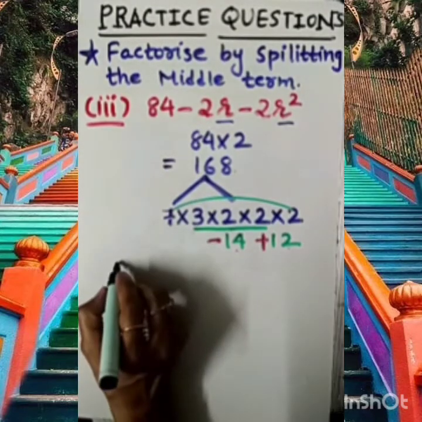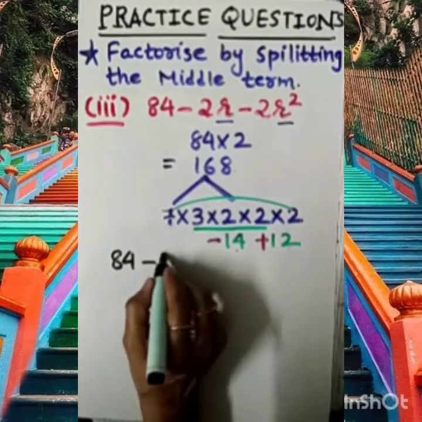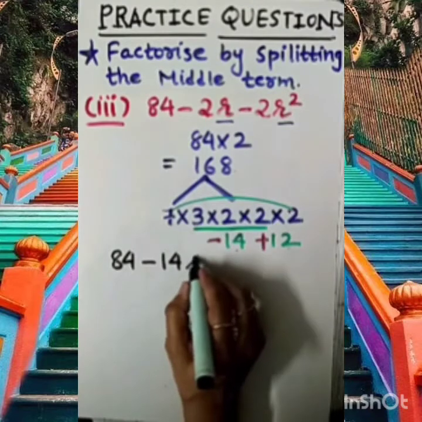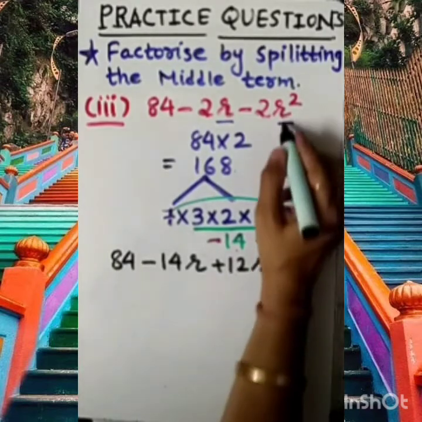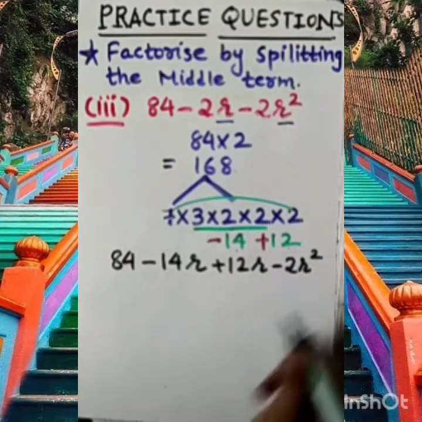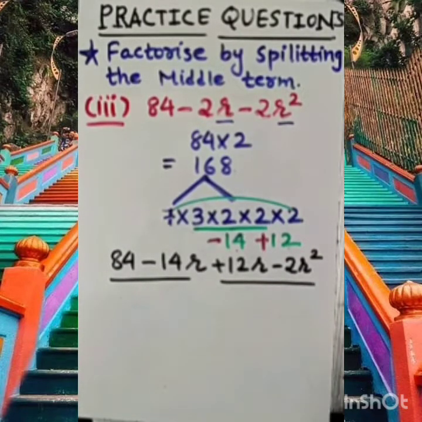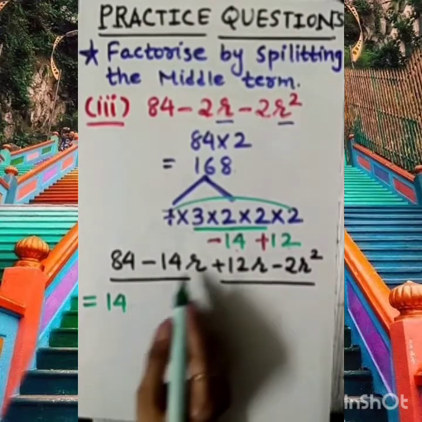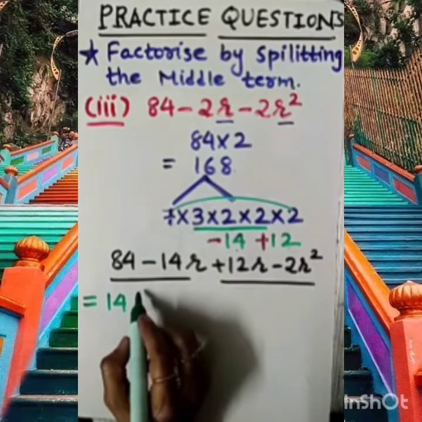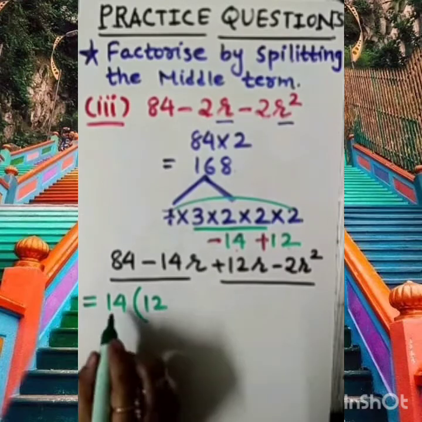So our polynomial will become 84 minus 14r plus 12r, the middle term, and here minus 2r square. Fine. So my dear student, let me make a pair of this polynomial, and from the first two terms you can take out 14 common. So if 14 is common, then what will be left here? Of course, we will have here 12, because 12 into 14 gives the result 168.